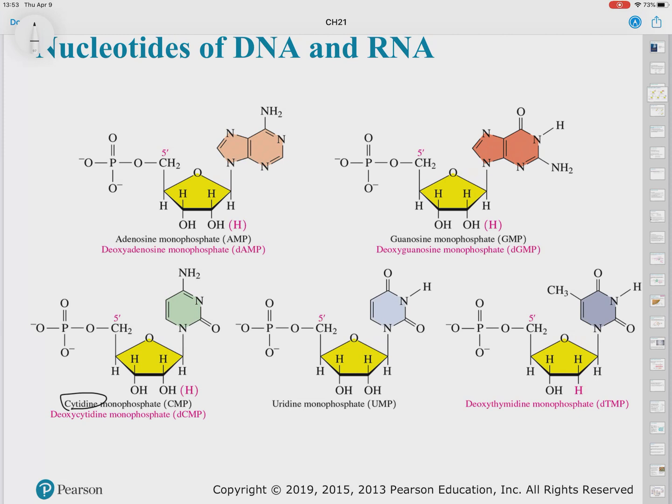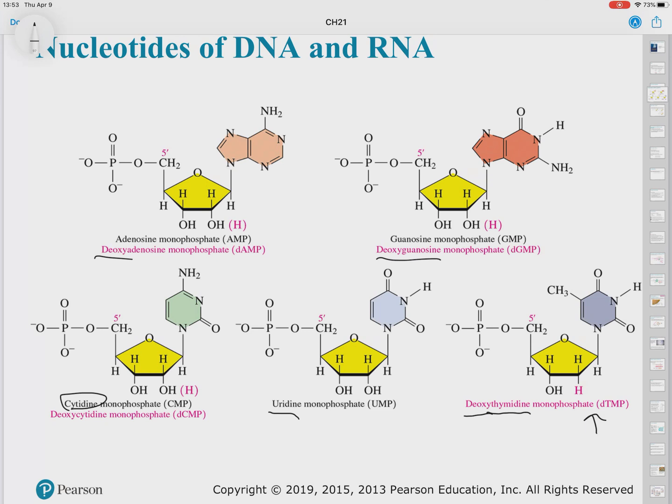So adenine becomes adenosine, guanine becomes guanosine. Cytosine, it seems like they should have named it cytidine so that they could call it cytosine and fit with the trend. So cytosine is called cytidine, and then uracil becomes uridine, and thymine becomes thymidine, or in this case deoxythymidine, since that's in DNA only.